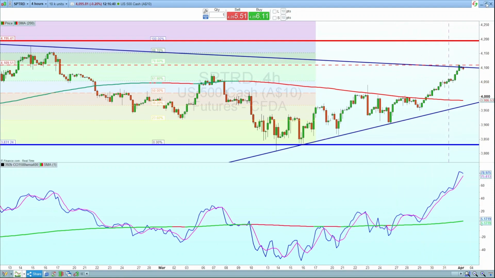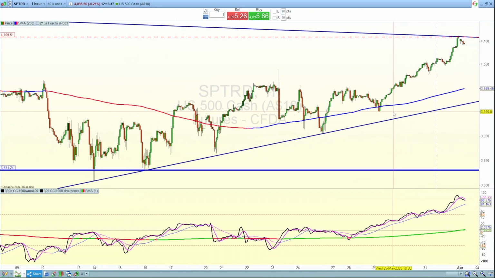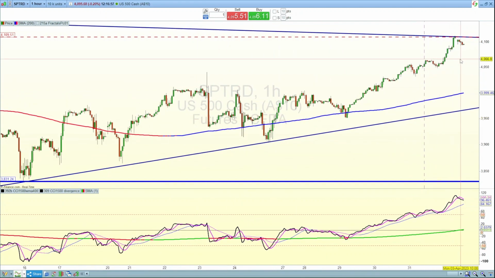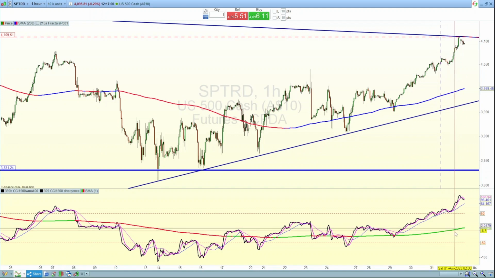Now on the hourly chart, again, it's made some nice advancements over most of March, but I think that's going to be short-lived. So we need to see a break above these two resistance areas to be more bullish, and that's still shown by the hourly as well.